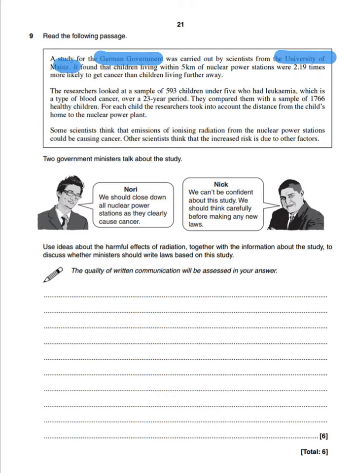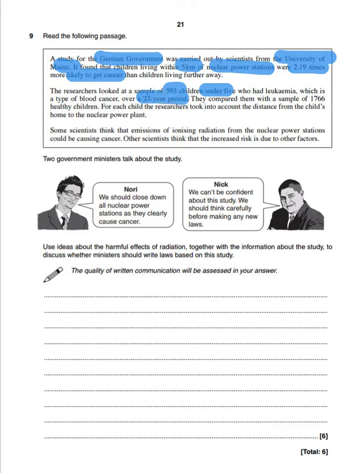They found that children living within 5 kilometres of nuclear power stations were 2.19 times more likely to get cancer than children living further away. Researchers looked at a sample of 593 children under 5 who had leukemia, which is a type of blood cancer, over a 23-year period.